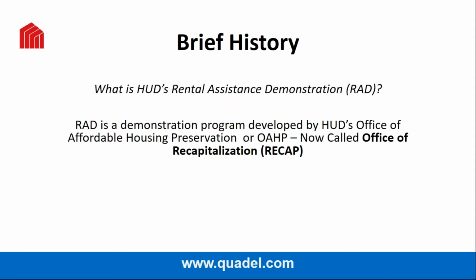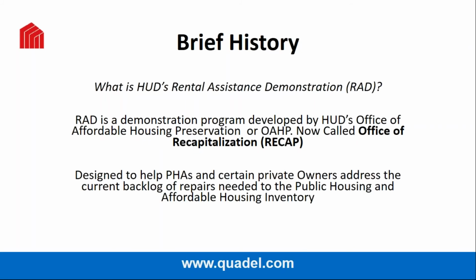Each branch has 6 to 10 transaction managers who perform the regulatory review and underwriting of each RAD deal, and once the RAD deal is approved to go forward, the closing and post-closing division assumes responsibility for documenting the RAD transaction and follow-up, while the program administration office remains responsible for policy development, operating procedures, tools, and systems.